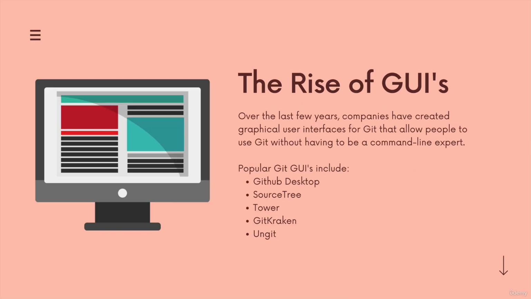With that said, as Git's popularity has increased, so have a number of GUIs, graphical user interfaces, pieces of software you download that make it easier, or at least more visual, to interact with Git. There are quite a few of these applications out there, for all different platforms. Some of the more common ones are GitHub Desktop, SourceTree, Tower, GitKraken, Ungit.